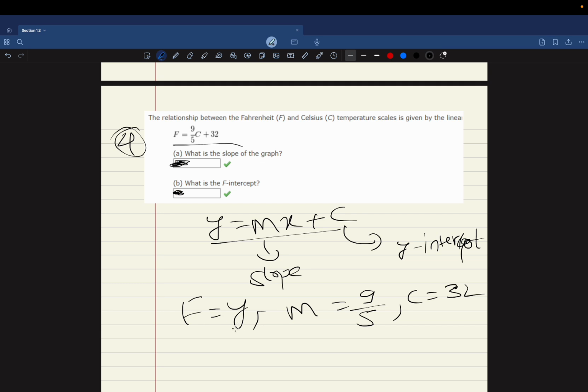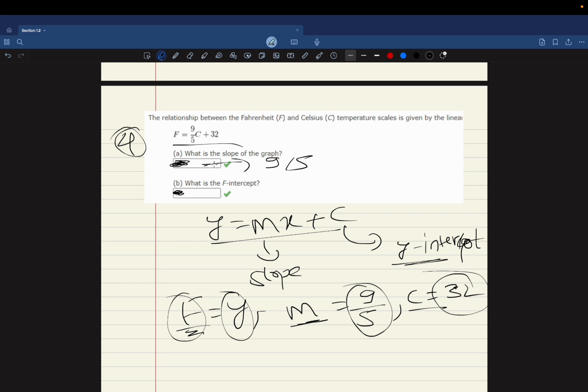So F is y, m means slope, so slope is 9/5, and y is F, so the y-intercept, which is the F-intercept, will be 32. So you just need to enter 9/5 in here, and then here the F-intercept is 32. Okay, so I'll also reveal the answer. So it is 9/5 and 32.